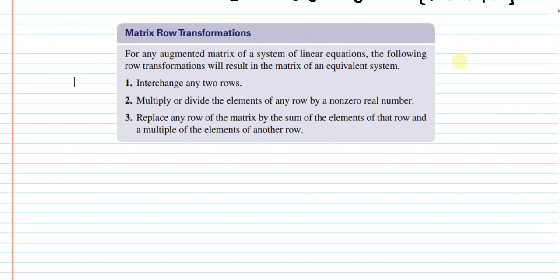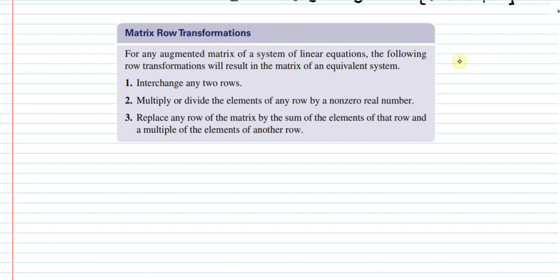So these three rules, you've actually seen before in the previous section when we talked about elementary operations on systems. Now the same operations hold for matrices. Remember, these are row operations, not columns. We do not have column operations.